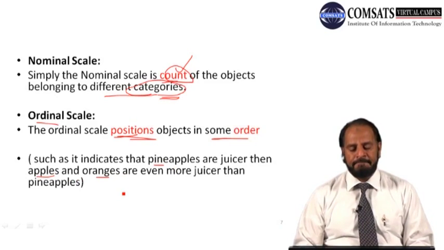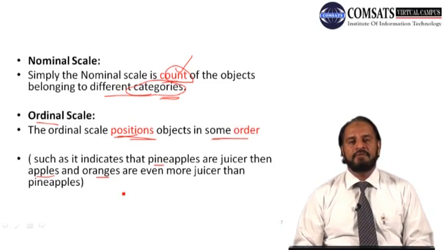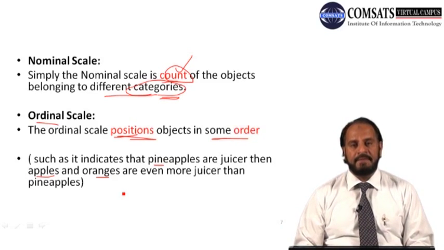So we might say that pineapples are juicier than the apples, but oranges are juicier than the pineapples. So we're trying to give an order as to which of these three is the most juicy, less juicy, and the least juicy of the three different fruits. So we know the least is the apple, and the juiciest is the orange.